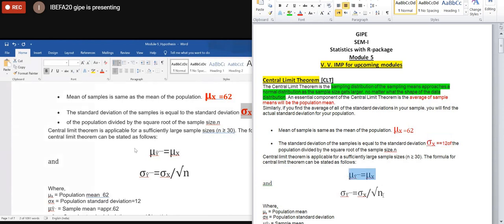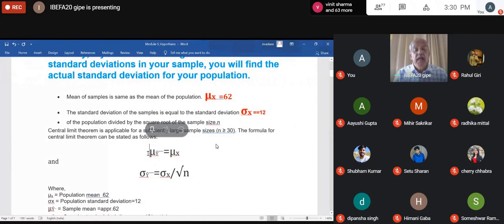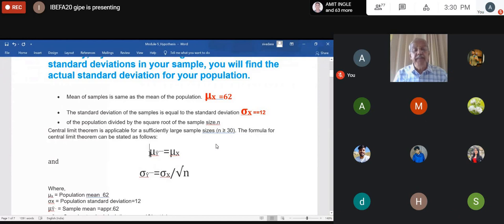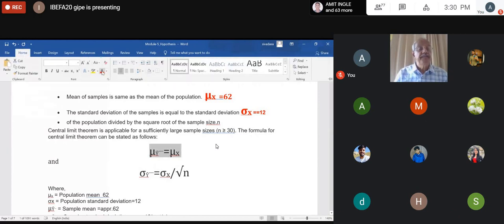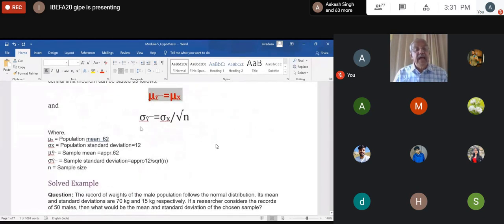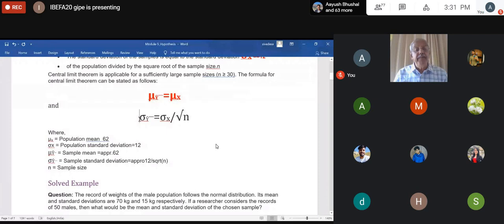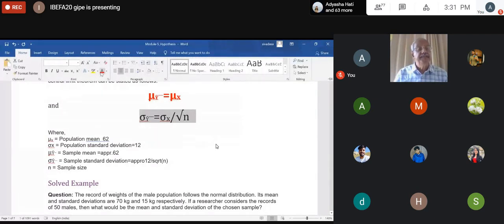The formula for the central limit theorem can be stated as: the average of the sample means is the same as the population mean, and the standard deviation of the sample mean is sigma x by root n, which we call standard error.